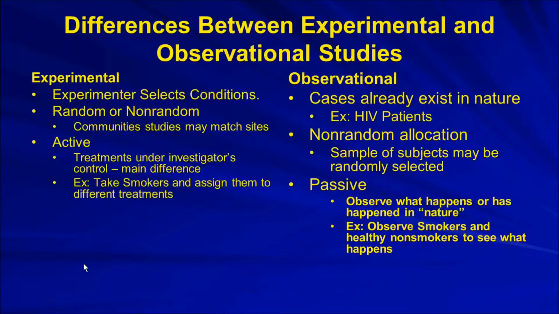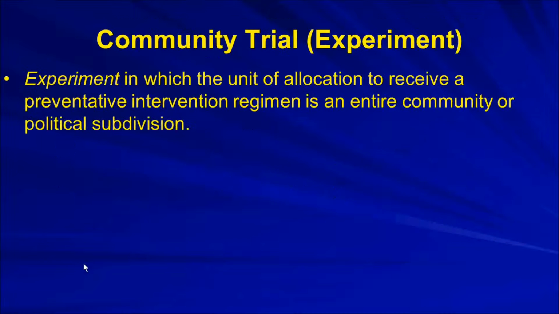Okay? Now I want to talk about a community trial. A community trial, we know, is an experiment in which the unit of allocation to receive a preventive intervention regimen is an entire community or political subdivision. And I'm going to show you community trials.